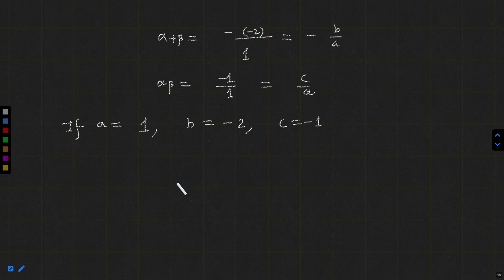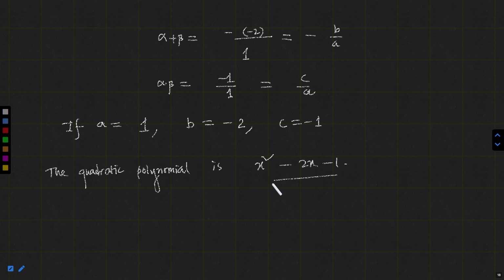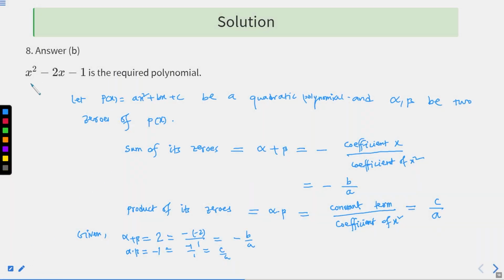Now the quadratic polynomial is x squared minus 2x minus 1. So this is the required quadratic polynomial. For this question, x squared minus 2x minus 1 is the required polynomial.